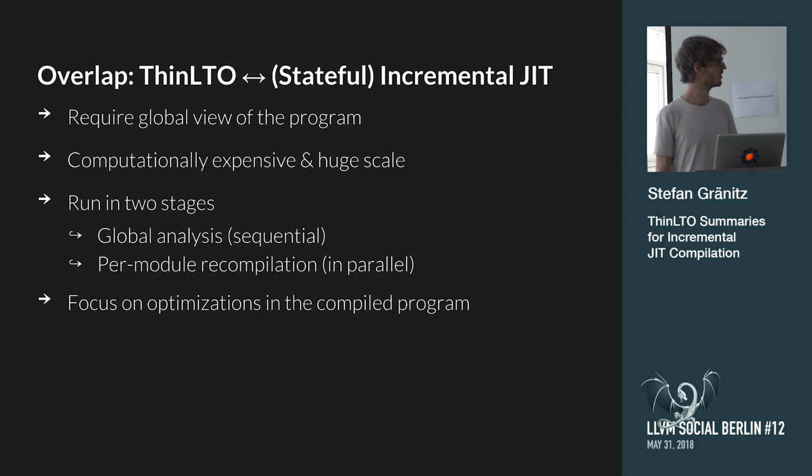So the overlap of ThinLTO and our JIT is that both actually require a global view of the program. Both are computationally expensive, and if the project is big, then also huge in scale.